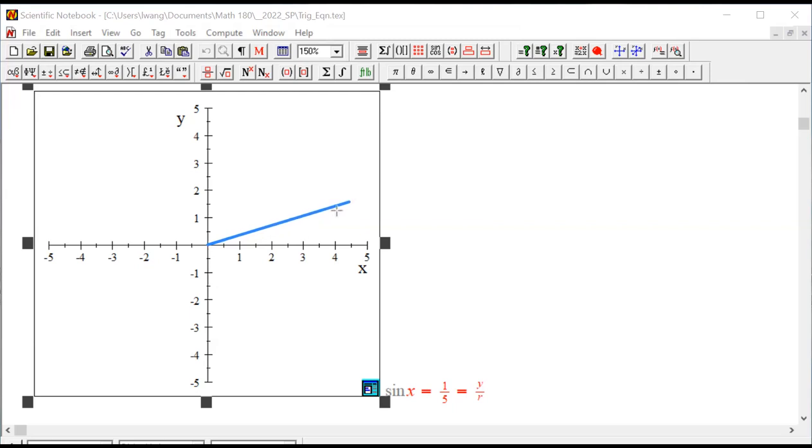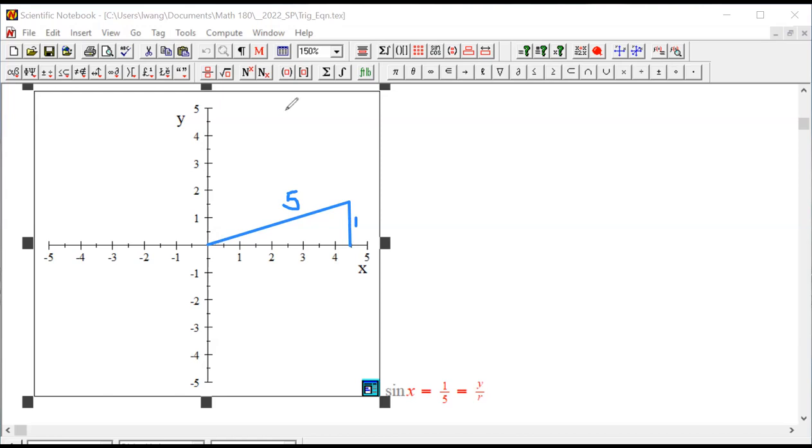This is 5. And this is 1. So this is 1. So what will be the red?